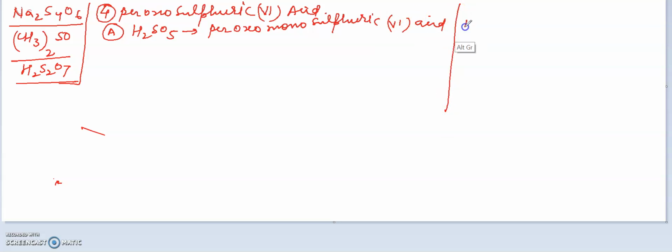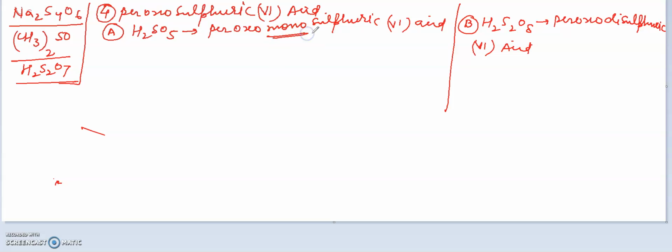and second will be H2S2O8, that is peroxodisulfuric(VI) acid. So this is mono and this one is di, H2SO5 and H2S2O8.